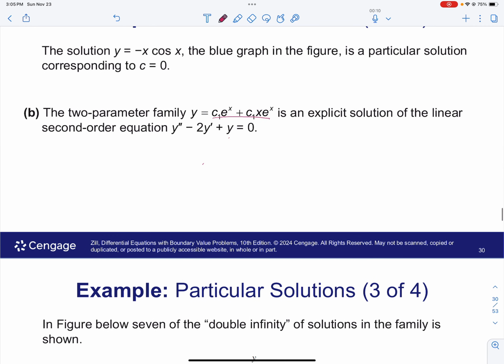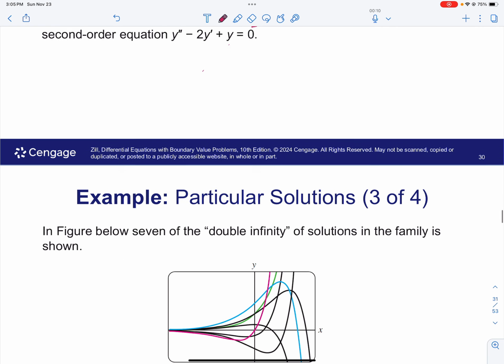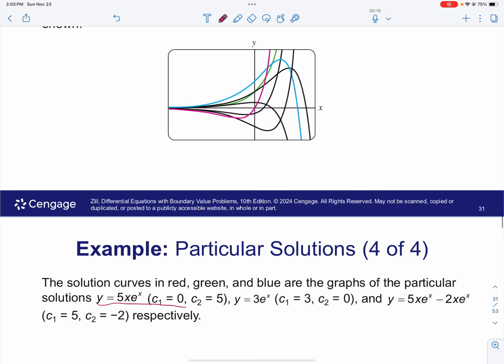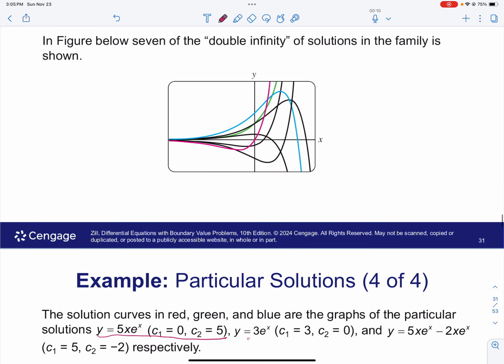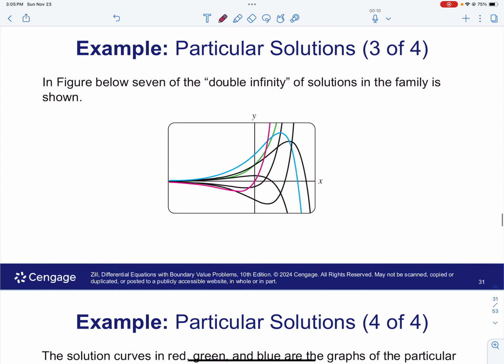You can choose different C1 and C2 values, and you will be able to graph the different curves. You can use your graphing calculator to play with it. Are you guys with me? I strongly recommend you substitute and verify this is a solution.